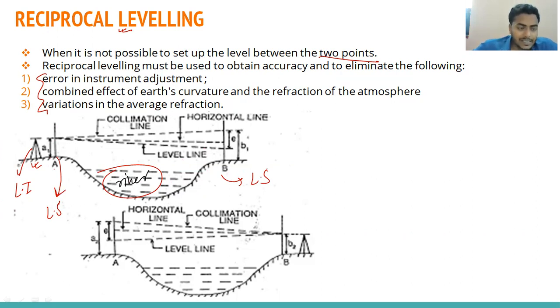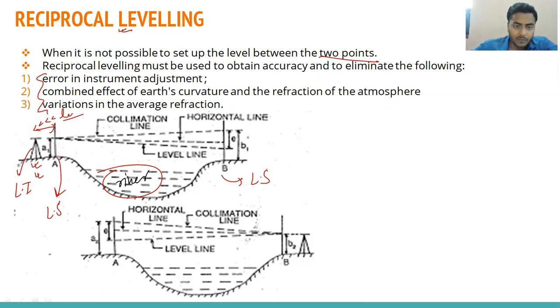Now we can see the distance between this instrument and a staff is very, very less. So whatever the error or correction that we get here due to curvature and refraction will be negligible. Means if the instrument is on A side, whatever reading we take on A side when the staff is kept at A, the reading will be correct.